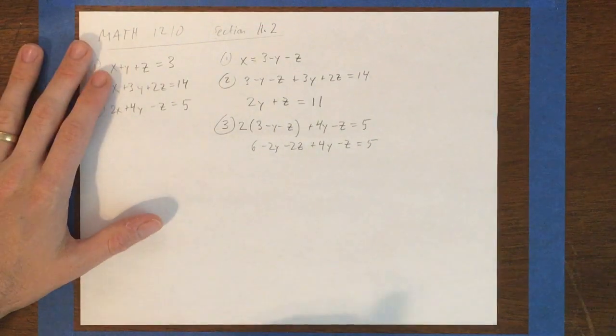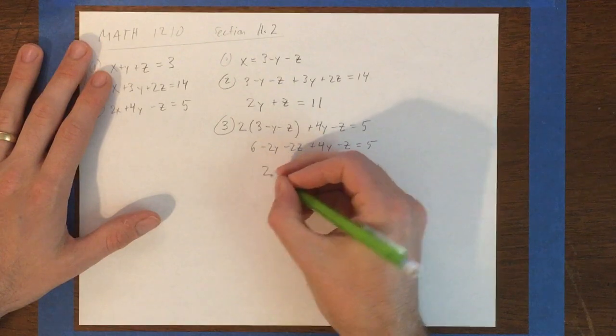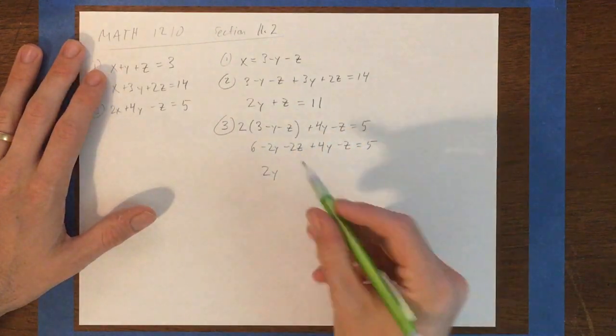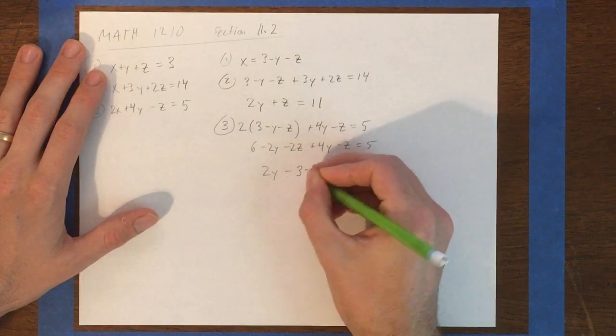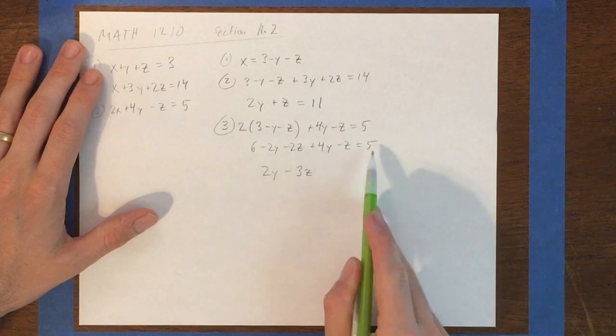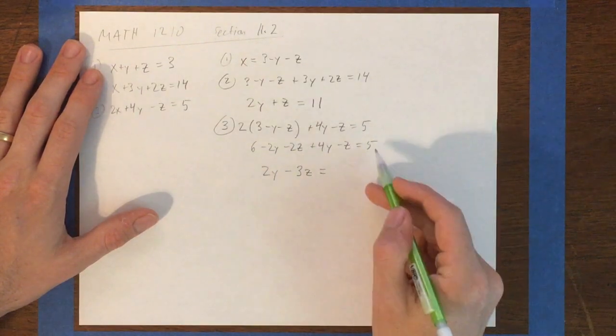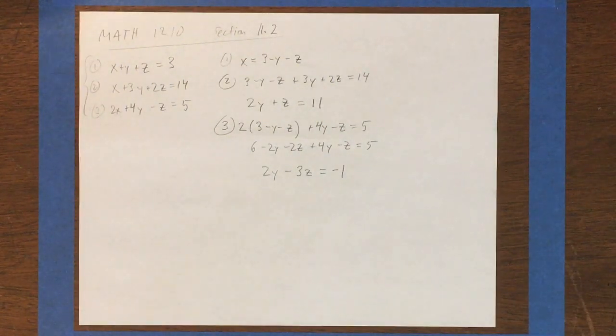First, the y's. We have negative 2y plus 4y, so overall that's positive 2y. For the z's, we have negative 2z minus another z, so that's overall minus 3z. And for the constants, we have the 6 over here. Let's subtract that 6 from both sides. So 5 minus 6 on the right side gives us negative 1.